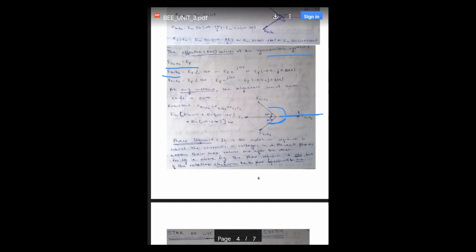Okay, so similarly, using de Moivre's theorem, you have studied earlier that if a complex number is represented as E equal to E^(j theta), then it means that if this is the magnitude, the vector components in the x-axis and the y-axis can be represented in the polar form using the trigonometric components.